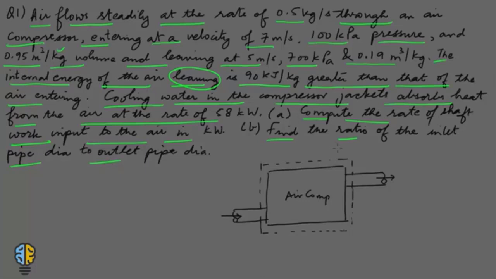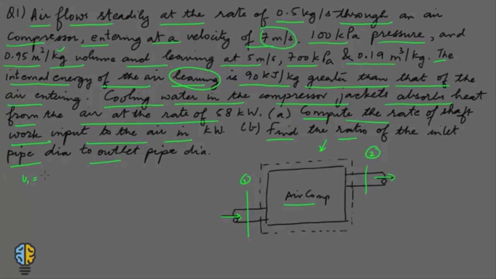So this is how the simplistic schematic of this whole question would look like. So you will have an air compressor, you have some input and you have some output. Let us give this section the name as section 1 and this is section 2. Now the velocity at inlet, that is the velocity at section 1, is V1, which is equal to 7 meters per second.